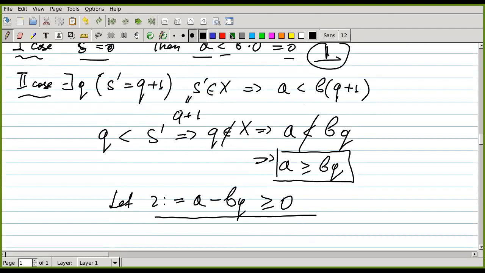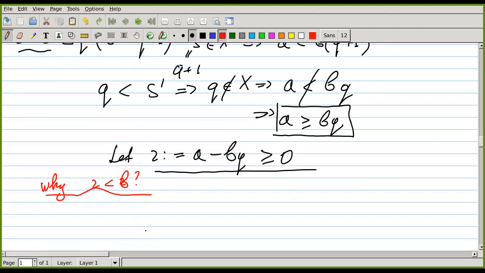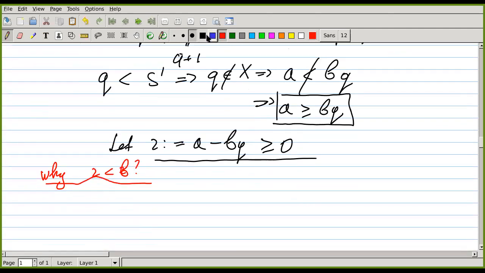Is it clear? Yes. But why is r less than b? That's the question. We need it after all. Let's prove it. What if it is not?